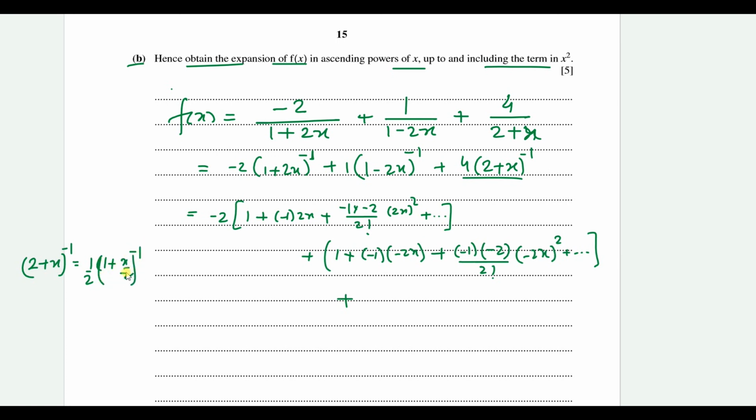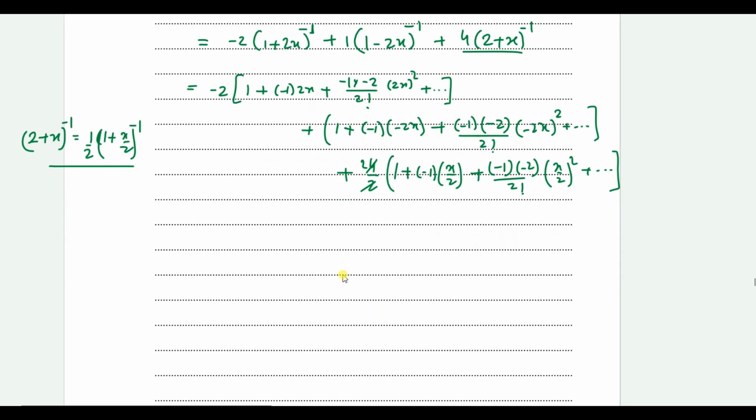It is like, you take 2 common, we will get this, so that we can use the identity, and it will become 4 by 2 into 1 plus minus 1 into x by 2 plus minus 1 into minus 2 upon 2 factorial into (x by 2) whole square. Next you don't require, so leave it as it is. It is 2 times. Now we will simplify and find the answer.